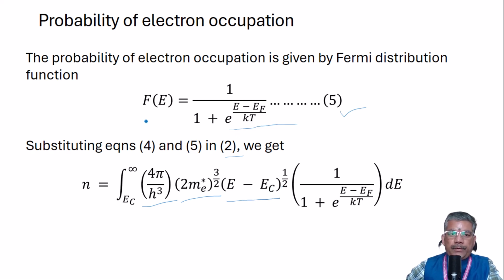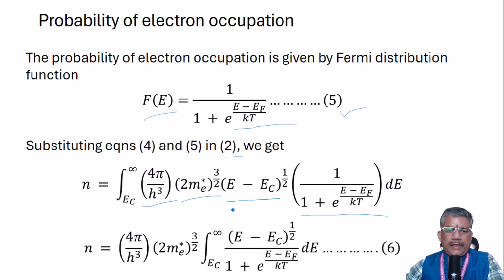And instead of f of E we substitute 1 by 1 plus exponential of (E minus EF) by kBT, into dE.